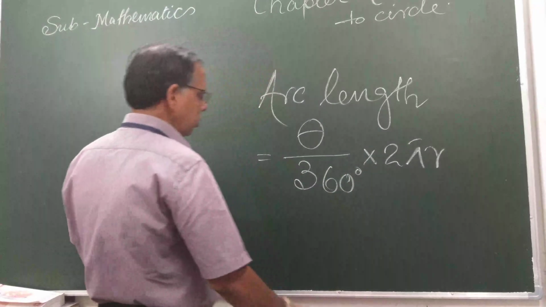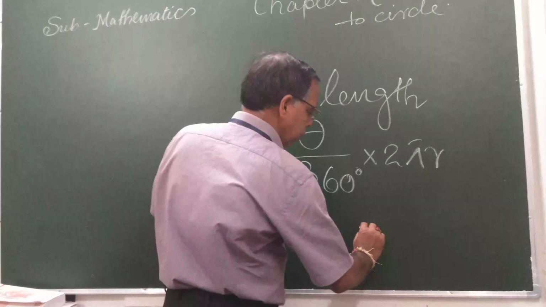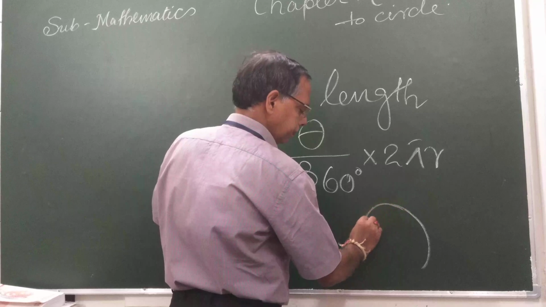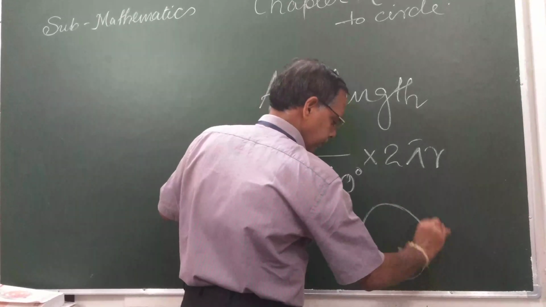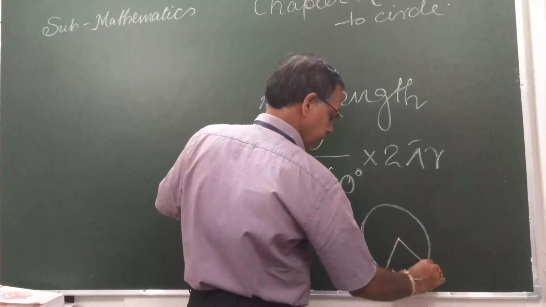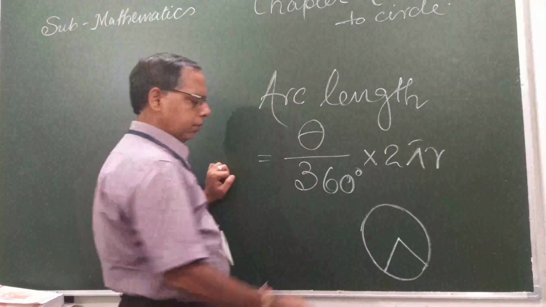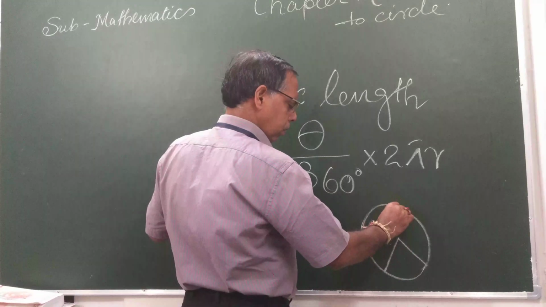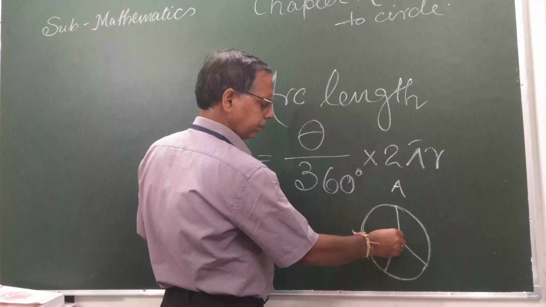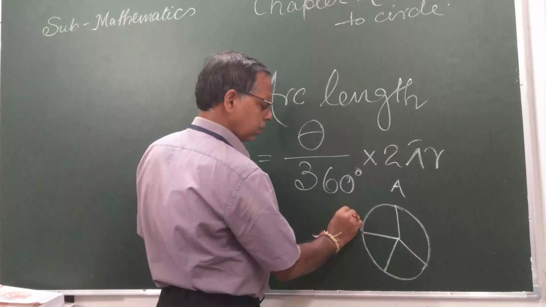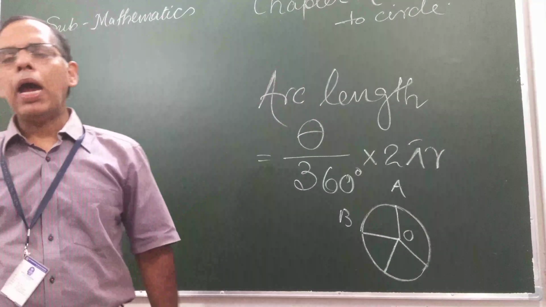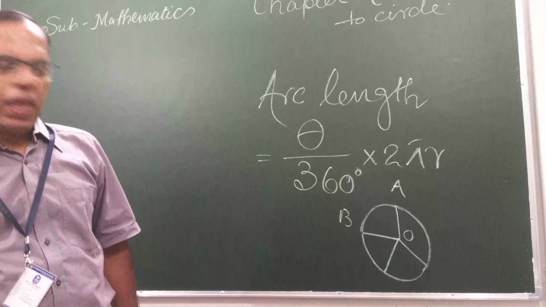Now let's see, as a circle I will draw. Suppose this is A, this is B, and this is O. We want to find out the arc length of AB.